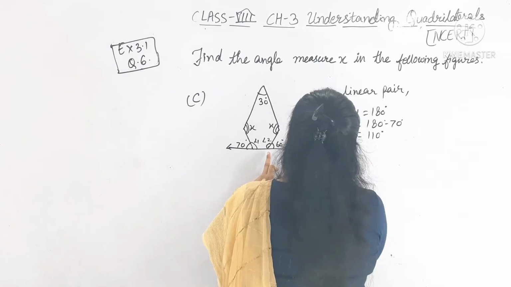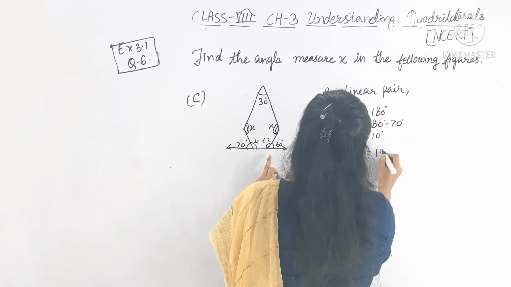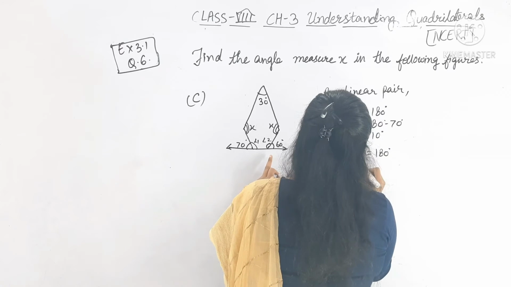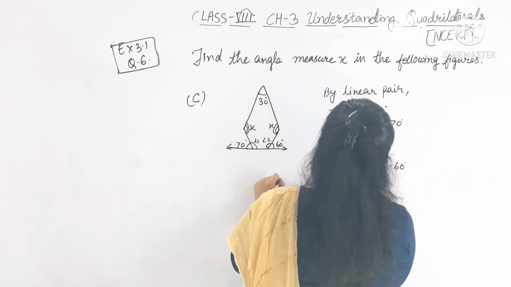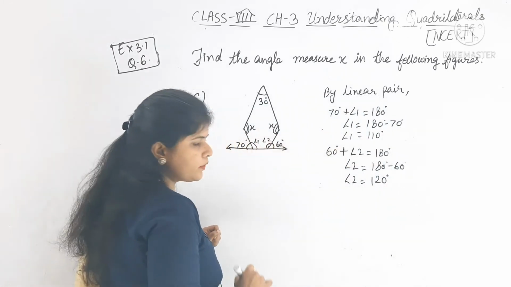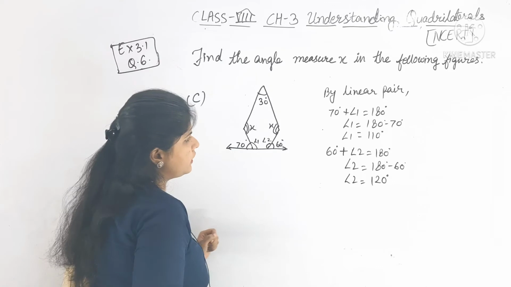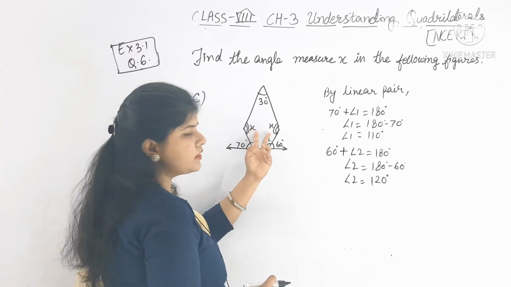For angle 2 also the linear pair, 60 degree plus angle 2 is equal to 180 degree. Angle 2 is equal to 180 minus 60. Angle 2 is equal to 120 degree. So I am getting here 120 degree and this is 110 degree. So we have to calculate this x here.